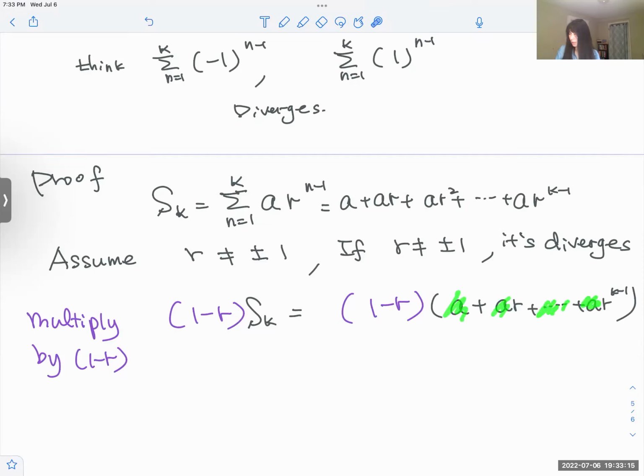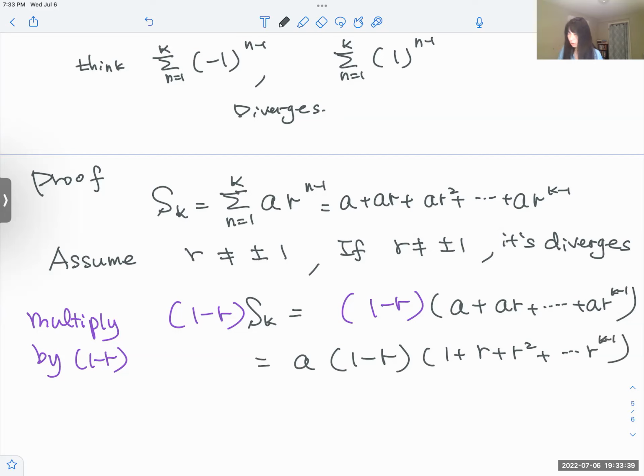Every term has a, right? So I want to factor out a. So we will have a times 1 minus r, then 1 plus r squared until r to the k minus 1.